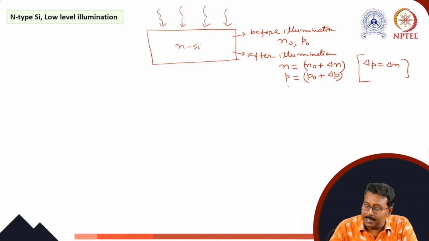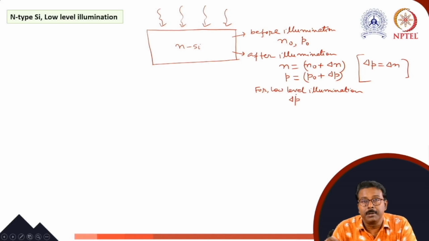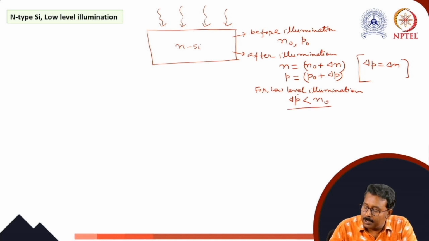That means for low level illumination or injection, whatever you call it, illumination is more appropriate here, the excess minority hole is much less than the majority carrier N0. This is the condition for low level illumination.